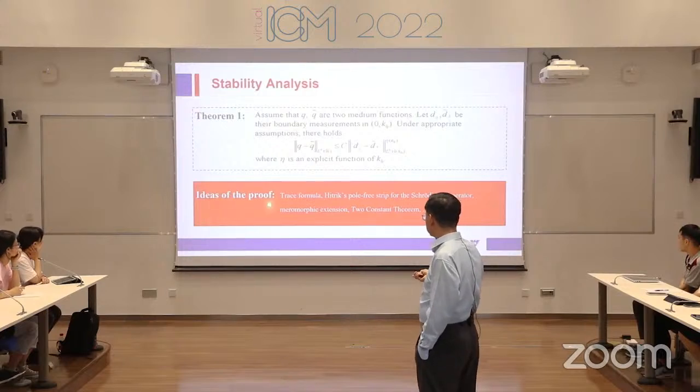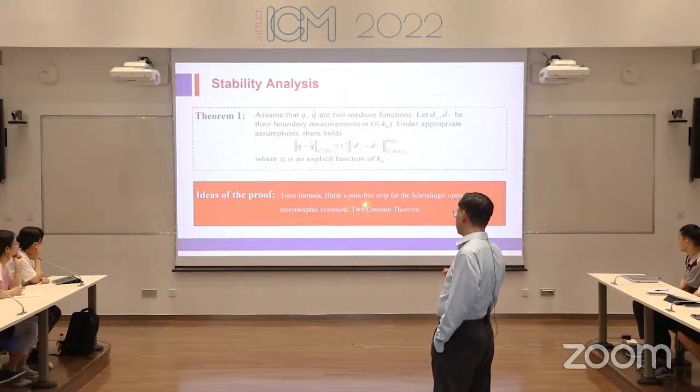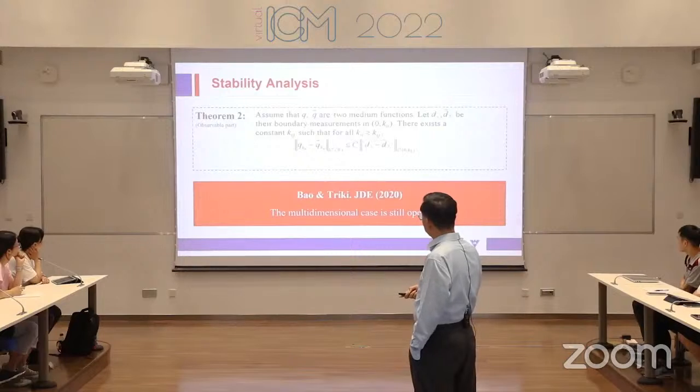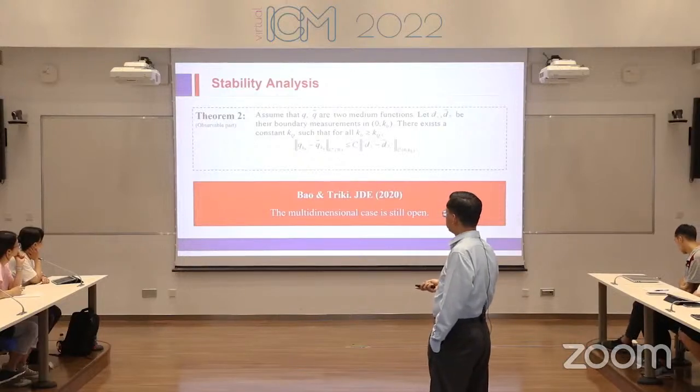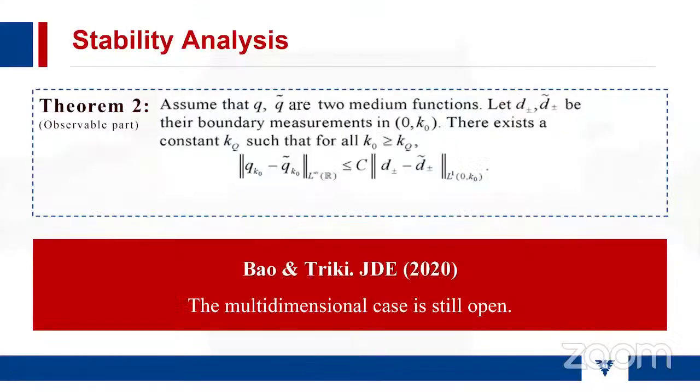The proof is based on the trace formula and some properties of the Schrodinger operator, along with unique continuation results. If you further consider uncertainty, for the stability estimate it's usually important to consider the uncertainty principle. With that in mind, you look at the observable part of the medium, which is defined by using the truncation of the trace formula.